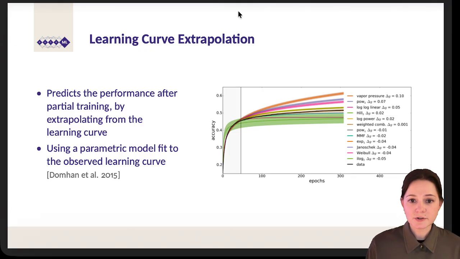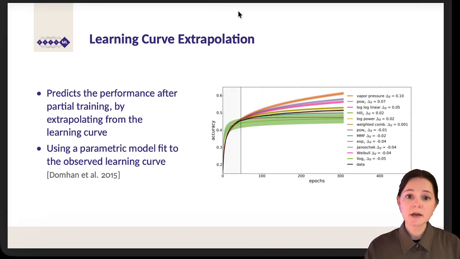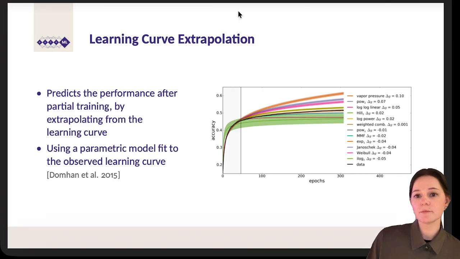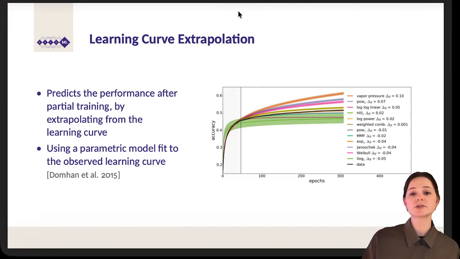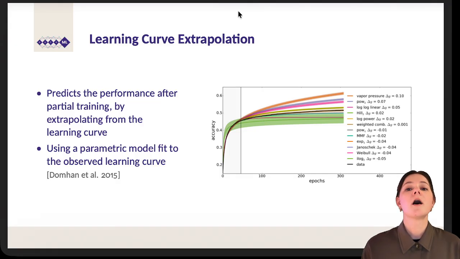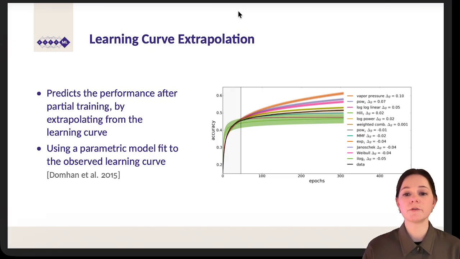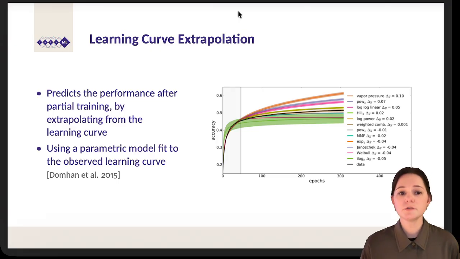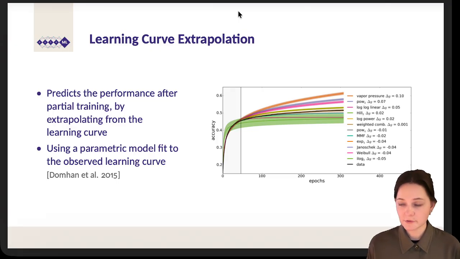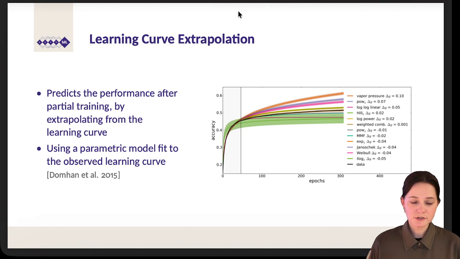The network is trained for 20 epochs, and from this information we want to extrapolate how my accuracy performs over the course of training, using different kinds of parametric models to fit the observed learning curve. So instead of training the network from scratch until convergence, we use a model to predict what the performance can be.